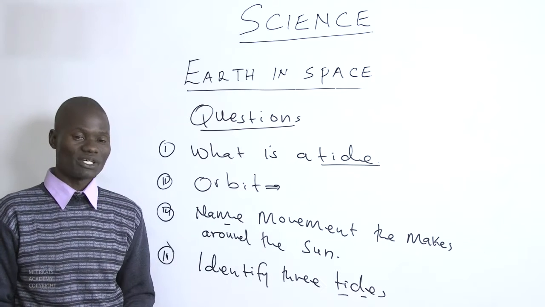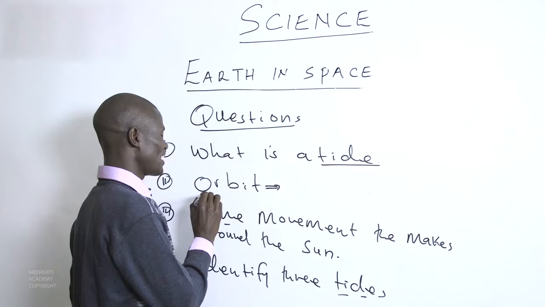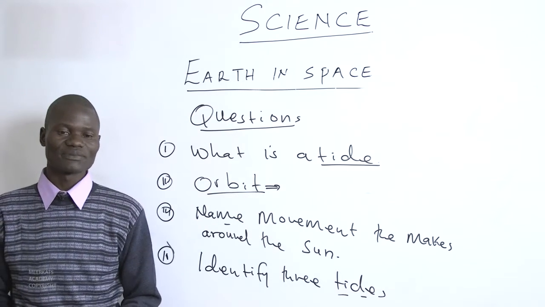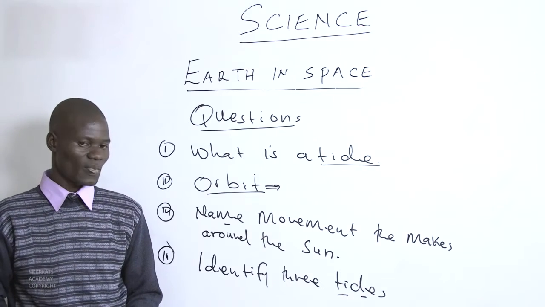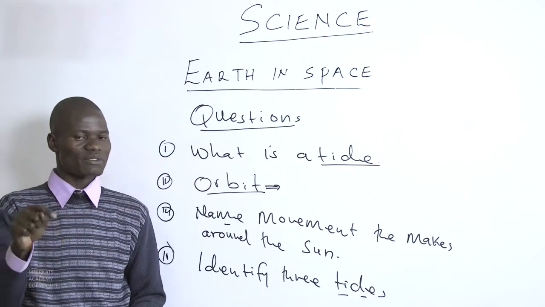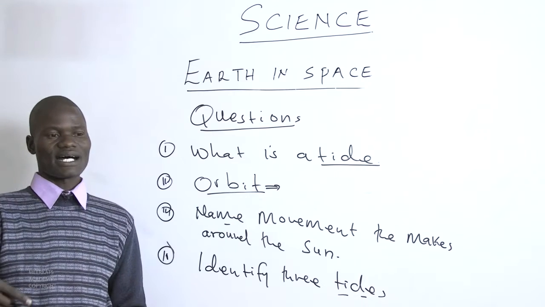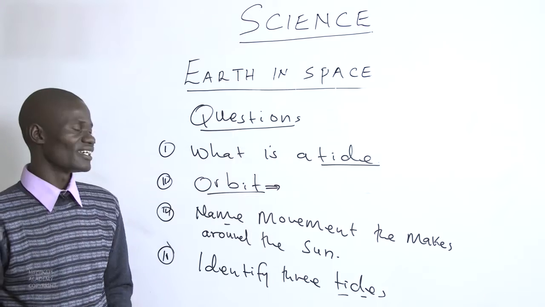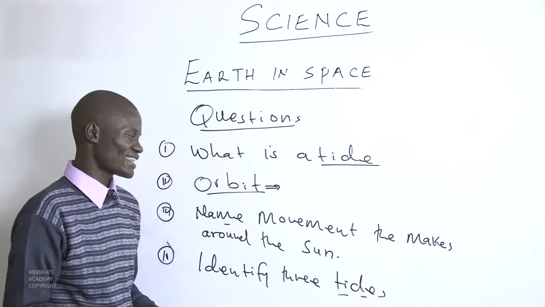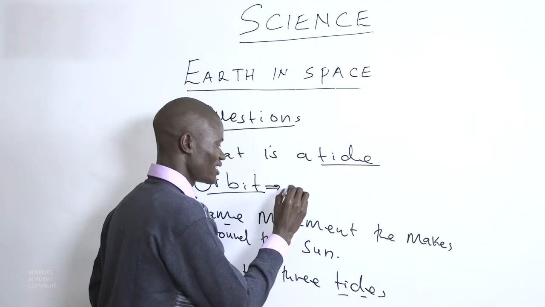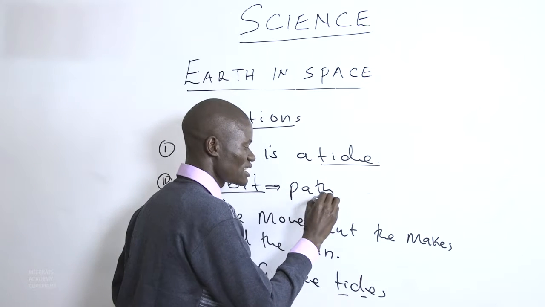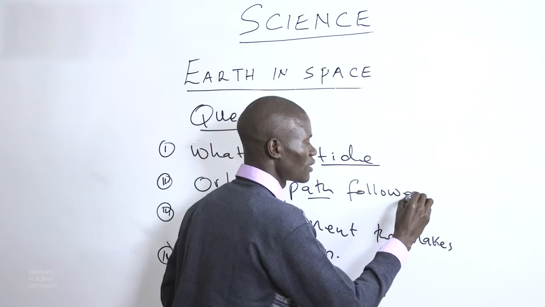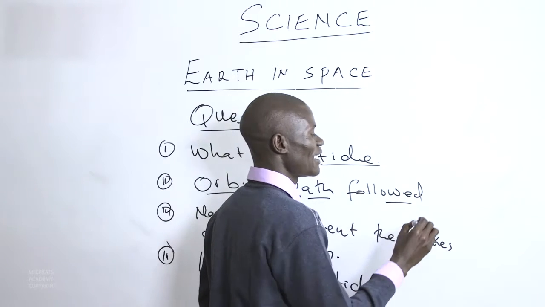And then what is an orbit? We have learned that as the earth moves around the sun, it makes the revolution. The revolution is the movement over which the earth goes around the sun on its path that is known as the orbit. Therefore, the orbit is a path that is followed by a heavenly body.